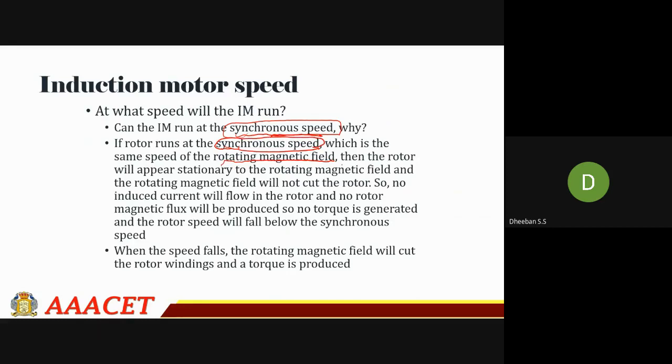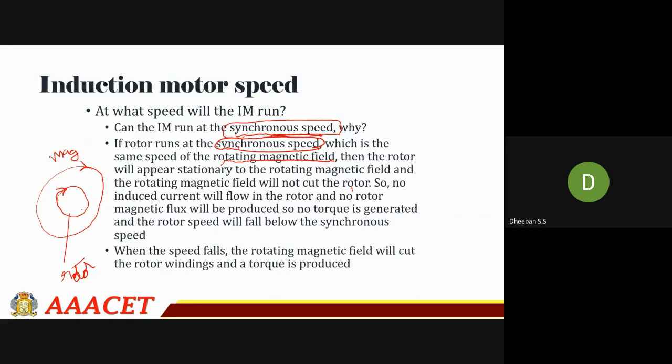Then the rotor will appear stationary to the rotating magnetic field, and the rotating magnetic field will not cut the rotor. That is, the rotating magnetic field has been caught up by the speed of the induction motor. If the rotor is rotating at one particular speed and the field is rotating at a particular speed, there is no problem.